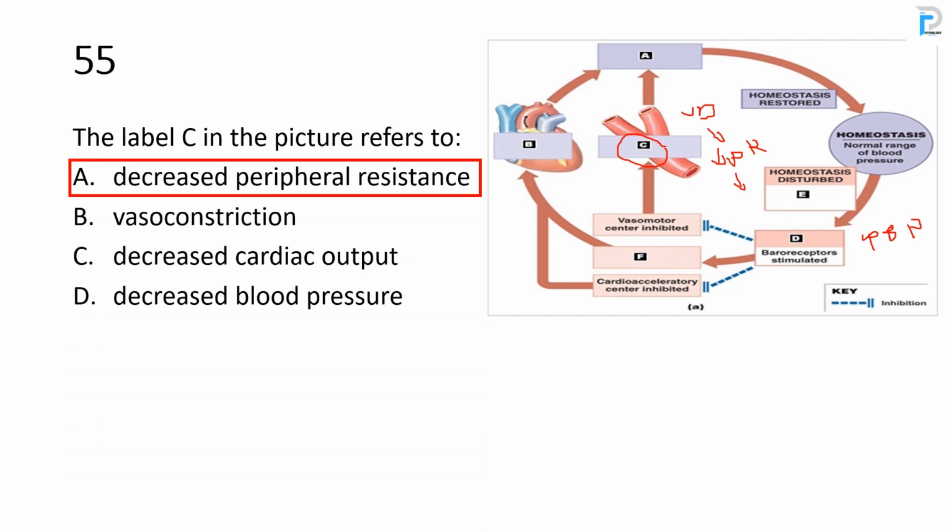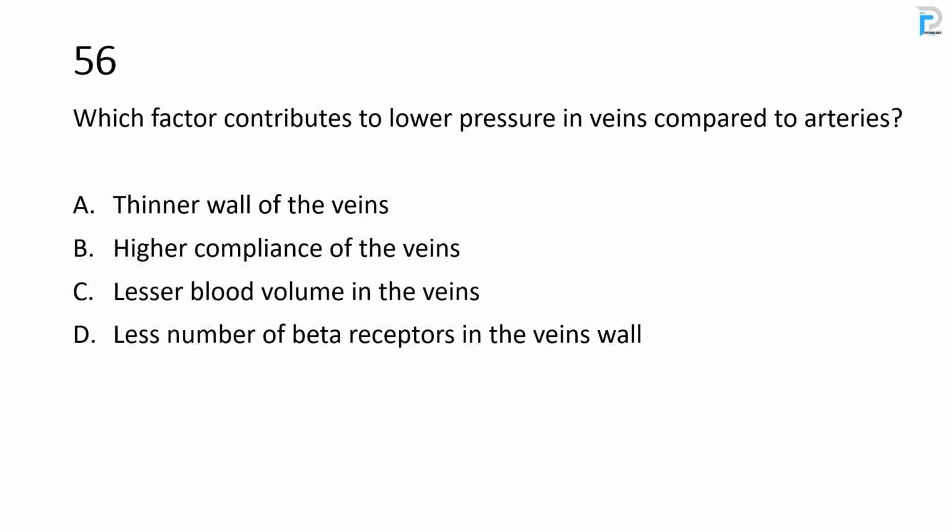Which factor contributes to lower pressure in veins compared to arteries? We know that venous pressure is much lower than arterial pressure, despite the fact that veins have more blood volume as compared with arteries. The main reason for that is the compliance. Veins have higher compliance as compared with arteries.